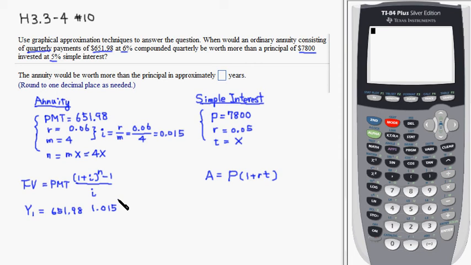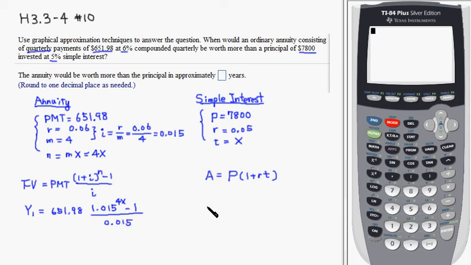N is 4x, so you raise it to the 4x power, minus 1, then divided by I, which would be 0.015.